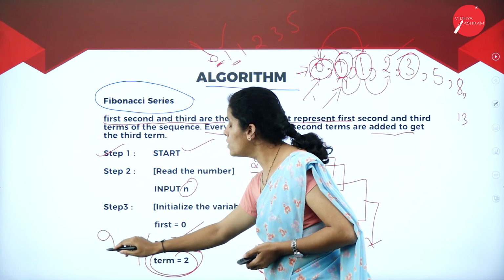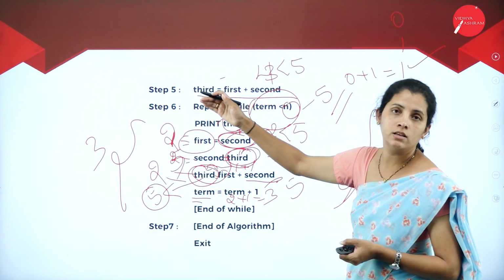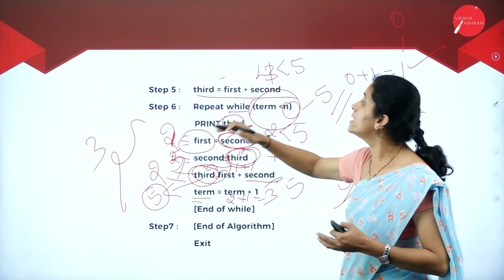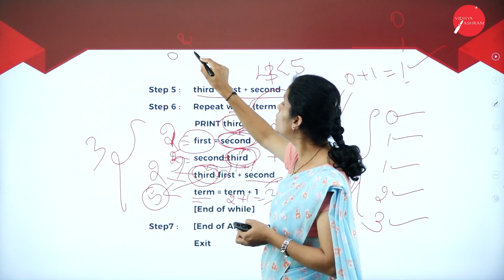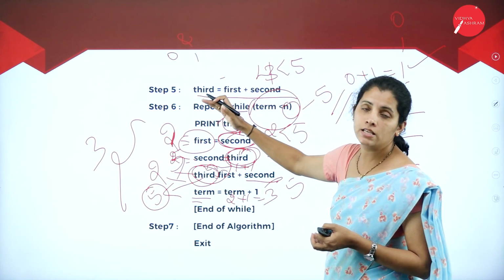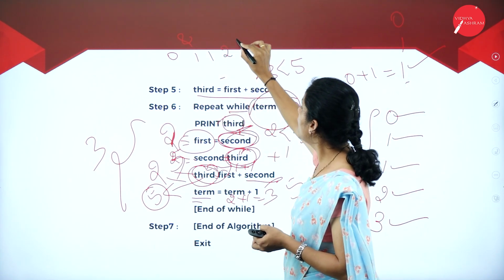So what's the count here? 2. 2 plus 3, total 5 numbers. That means at the beginning I'm going to display 0 and 1, and after executing my for loop I'm going to have 1, 2 and 3.